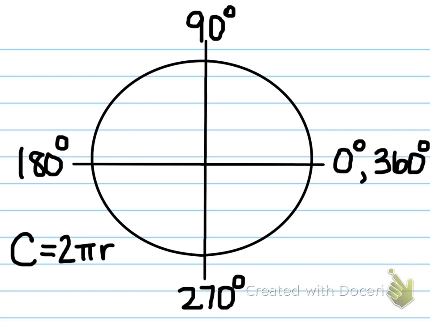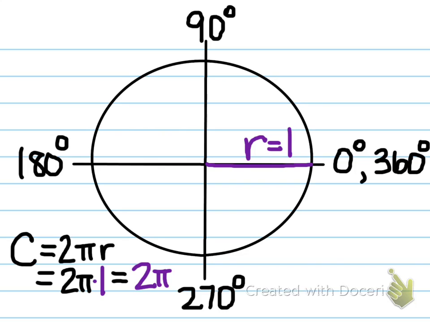We know that the distance around a circle is circumference, and circumference can be found by multiplying 2 pi times the radius. So let's say that the radius of my circle is 1, and if I plug that into the formula, 2 pi times 1 is going to equal 2 pi. So that means the distance around this circle is 2 pi radians.